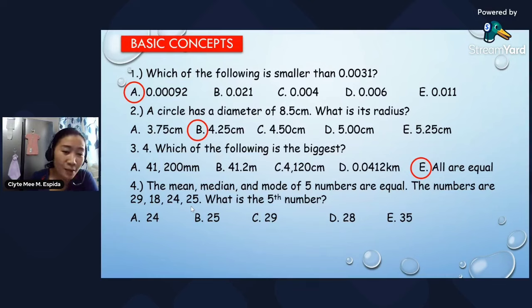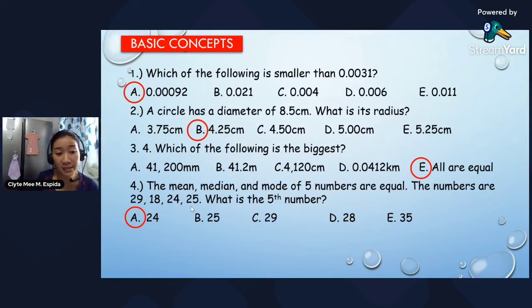Okay, so for this problem, the correct answer is letter A. That's 24. So if you arrange it, you will have 18, 24, 24, 25, 29.